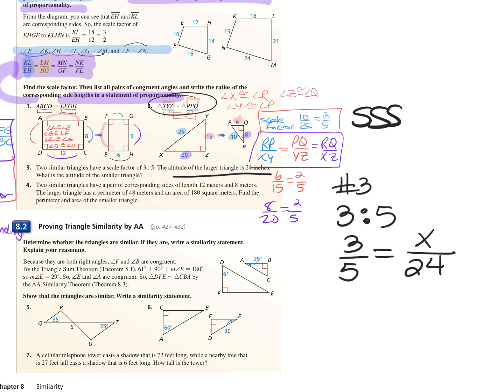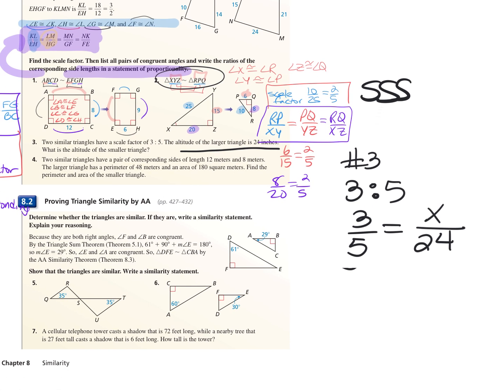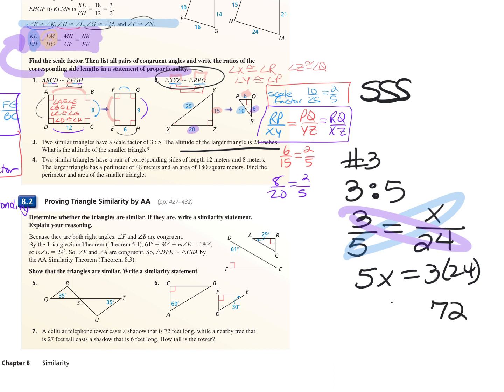So now that I've placed it in my proportion, now I can do the cross products. I'm going to be multiplying diagonally, 5 times x, 3 times 24. I end up with 5x equals 3 times 24. 3 times 24 is going to give me 72.